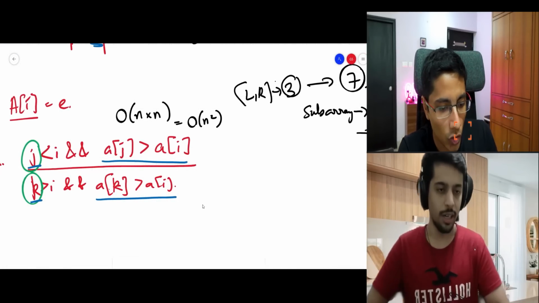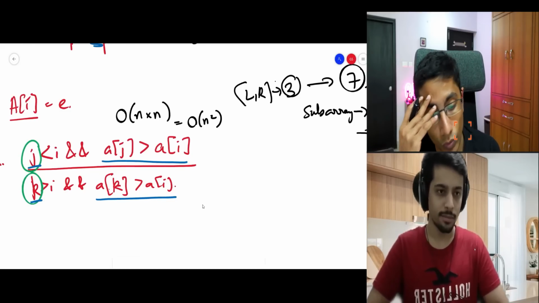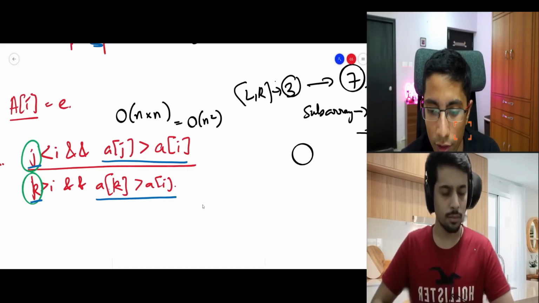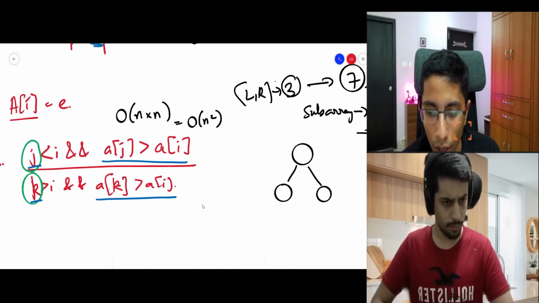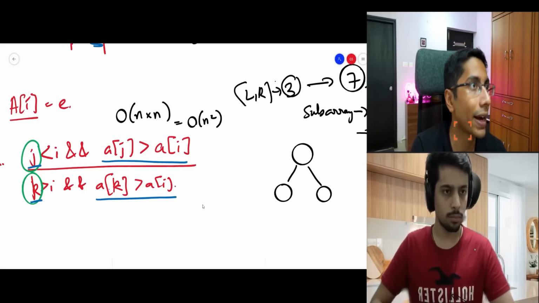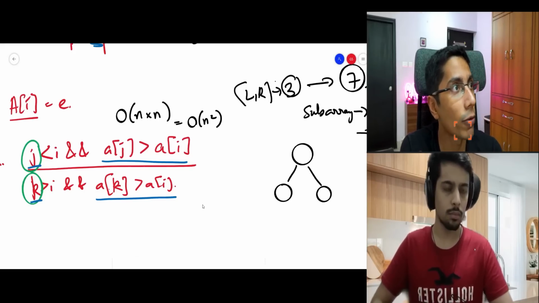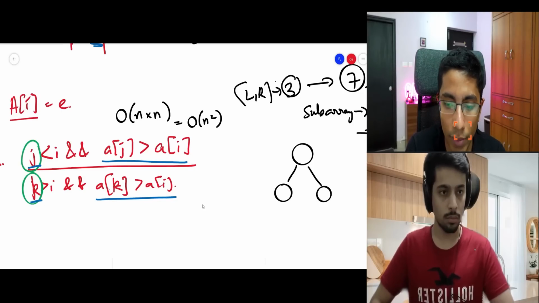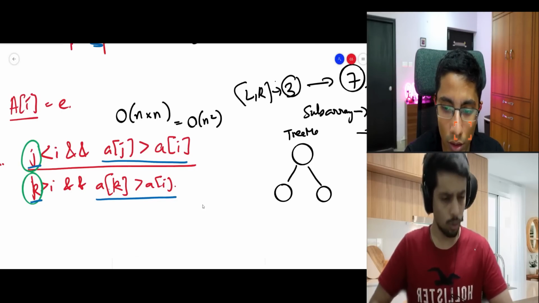Also, what's happening here is that if I put these elements in a binary search tree, a BST, the reason is that I need to find the next greatest element from a particular position. So I can use something like a TreeMap.